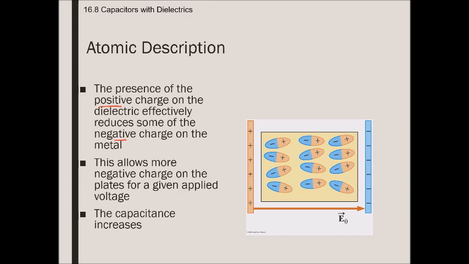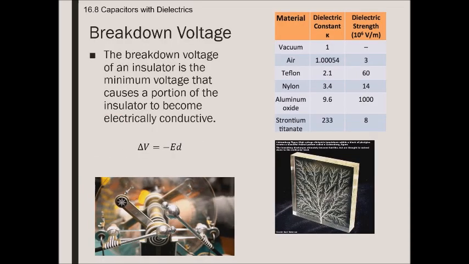So it kind of acts as a shield. So we have just as much voltage across the capacitor, but we don't have as much risk of shock. So this allows more negative charge to be placed on the plate for any given applied voltage, and therefore the capacitance increases.